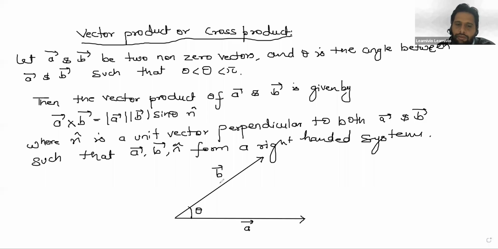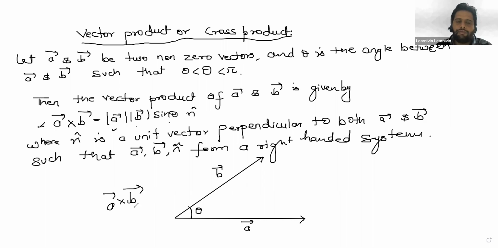The cross product here will be equal to magnitude of A, magnitude of B into sine theta into n cap, where n cap is a unit vector perpendicular to both A and B, and it forms a right-handed system.